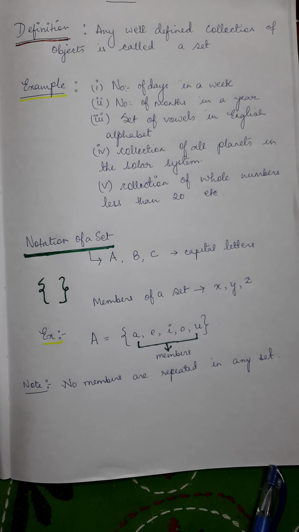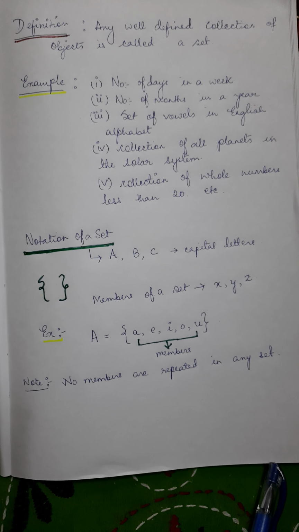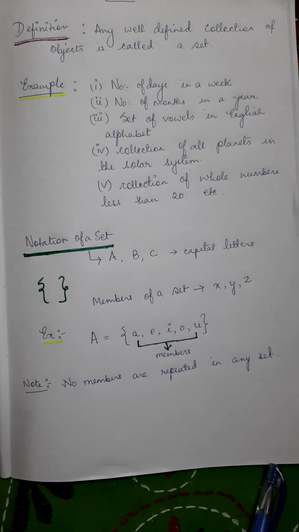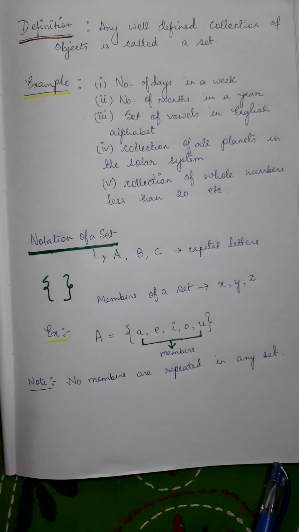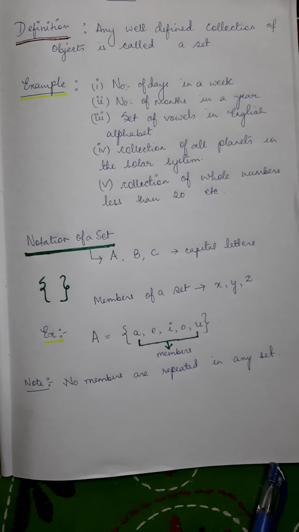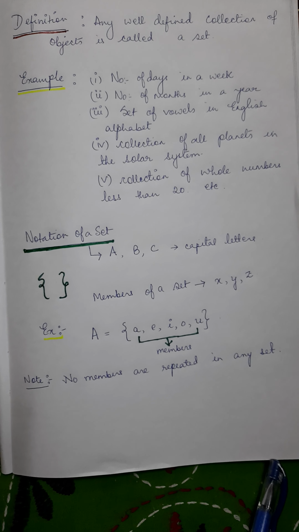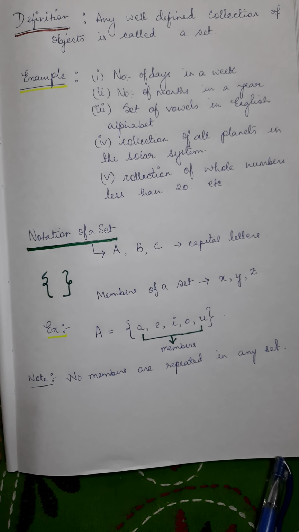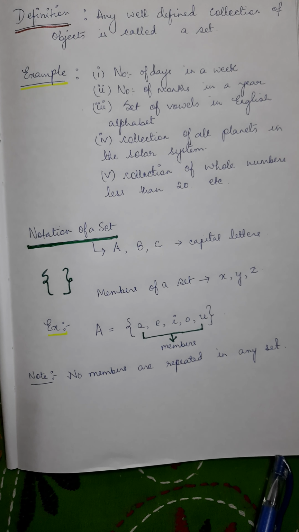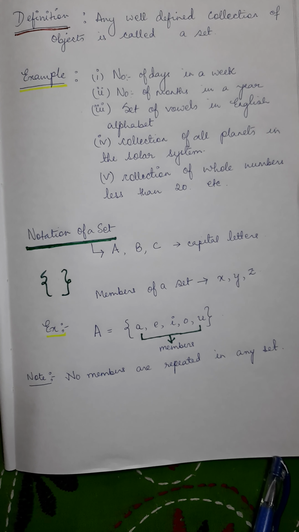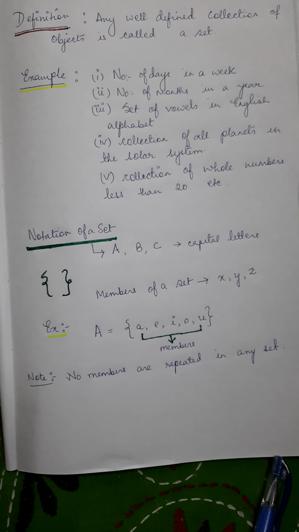So students, whenever you write a set, remember, it is always represented by means of capital letters, and the members of the set is always represented by means of small letters. So capital letter is the set and small letters is the members of the set.